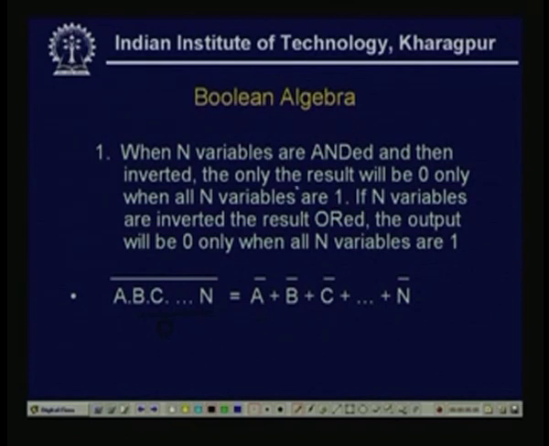So, this explains that the output of the left hand side will be 0 when all the variables are 1. Similarly, for the right hand side also the output will be 0 when all n variables are 1.